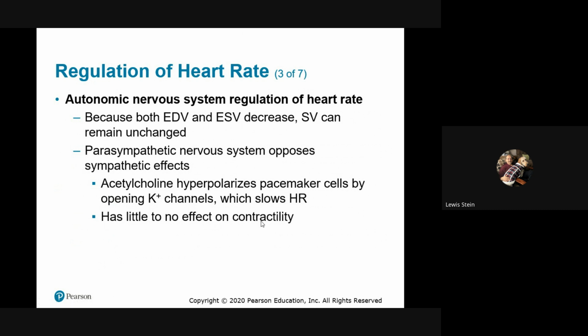Summarize. The sympathetic nervous system, by way of fight or flight, affects with epinephrine and norepinephrine particularly, increases heart rate and increases force of contraction. Chronotropic and inotropic. The vagus, by way of the parasympathetic nervous system, only influences heart rate.